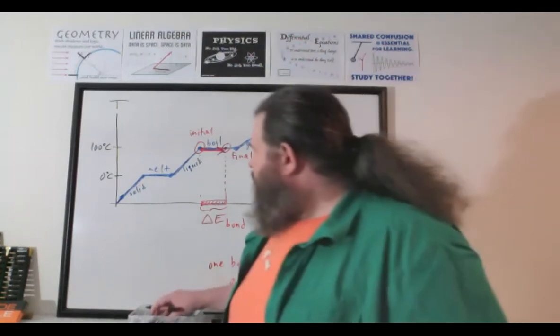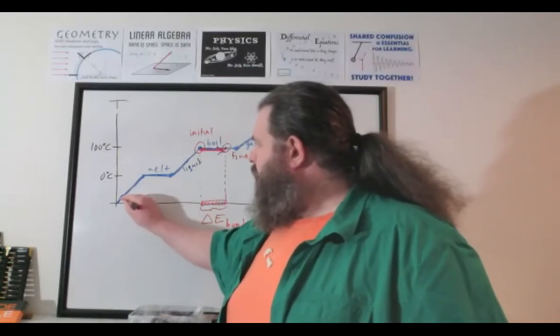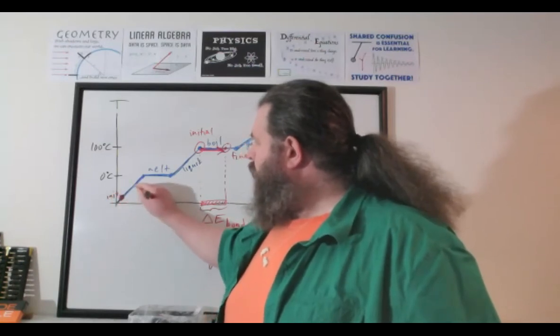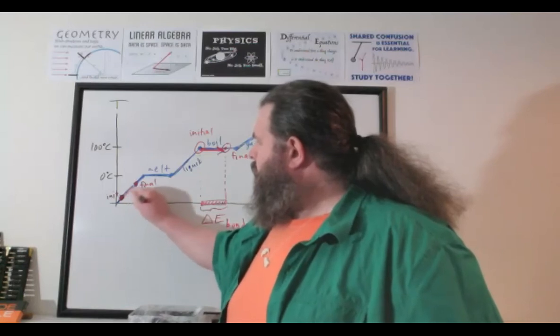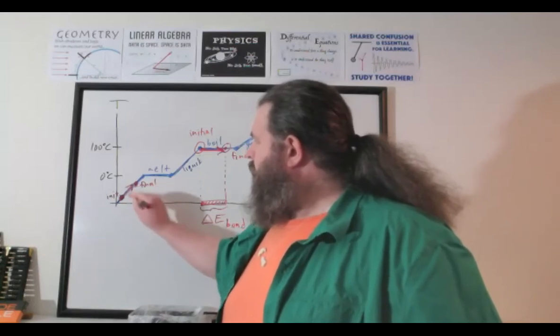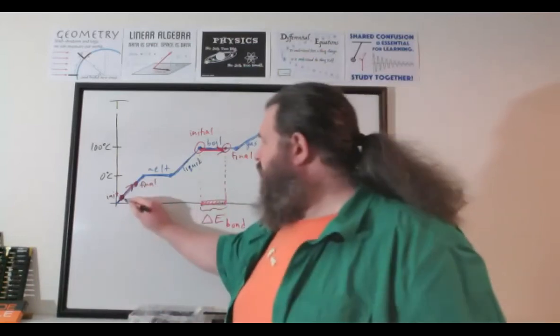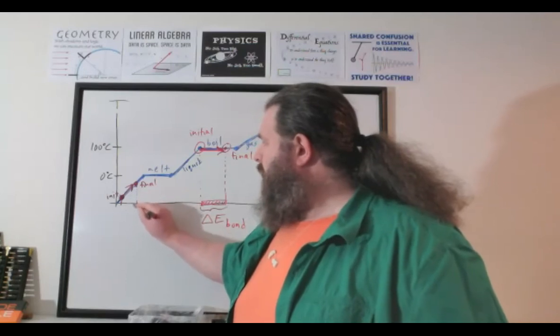Alternatively, if you're looking at a temperature change, like let's say you start off with cold solid and you warm it up. So you're going from a cold solid to a warmer solid. In that case, you're starting with this much energy and you're ending with this much energy.